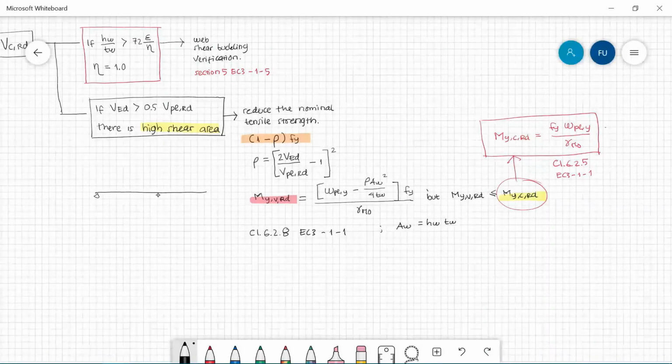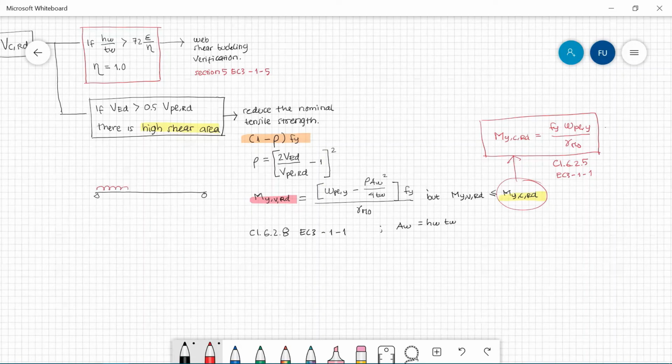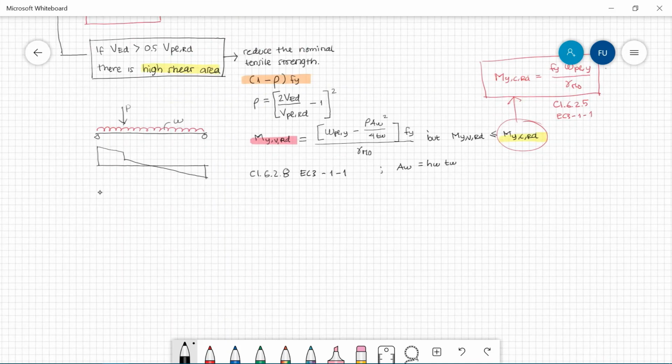On a simply supported beam subject to uniform distributed load plus point load P, the shear force will be like this, and then the bending moment will be slightly shifted like this.